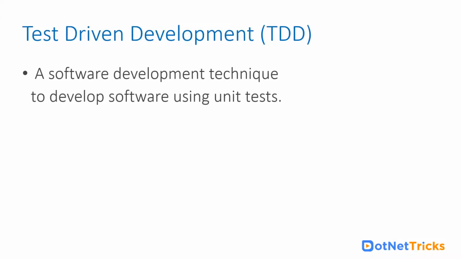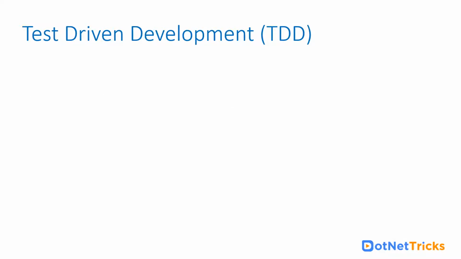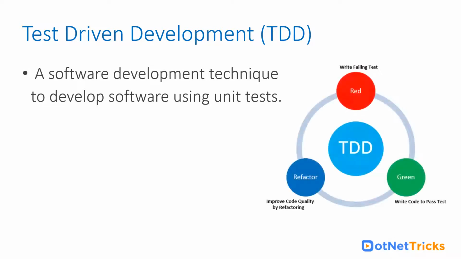And one more thing people discuss: what is test driven development? What is the TDD approach? Test driven development is a software development technique to develop the software using unit testing. What we do in test driven development is first write the unit test cases without writing the code.